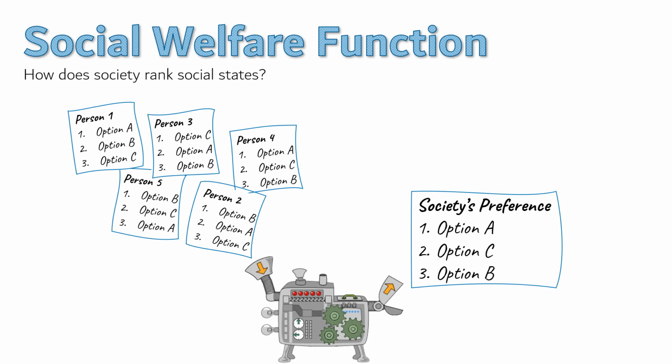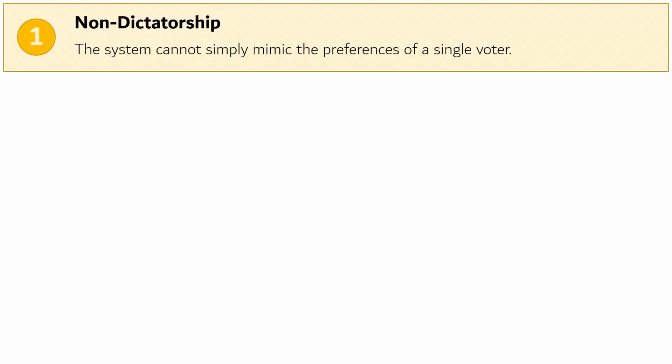So, can we think of some rules we would want our social welfare function to abide by? Or, I'll say it simply, what rules should our voting system follow so that it properly aggregates all of our individual preferences? There are 5 simple rules that a voting system should follow that most people seem to agree on. First is non-dictatorship.